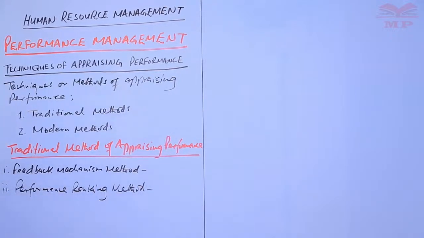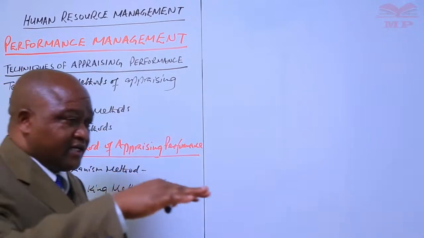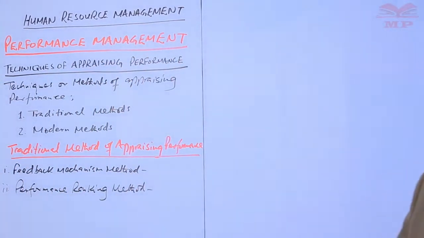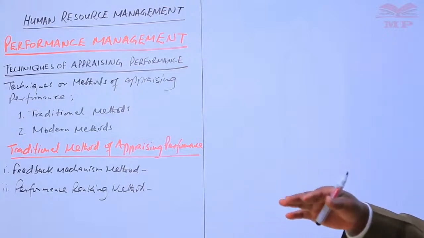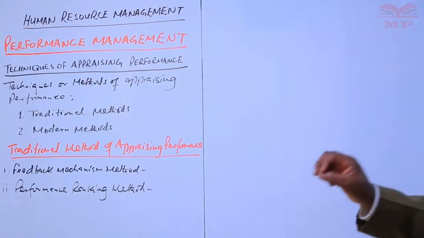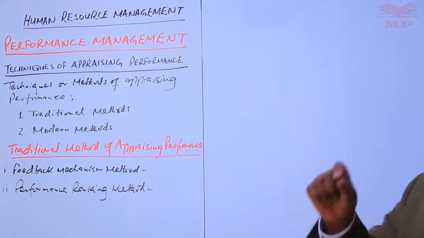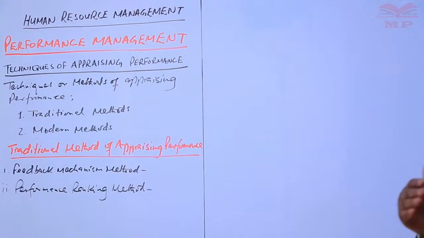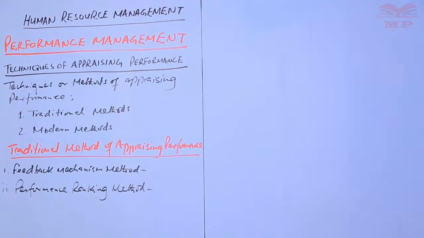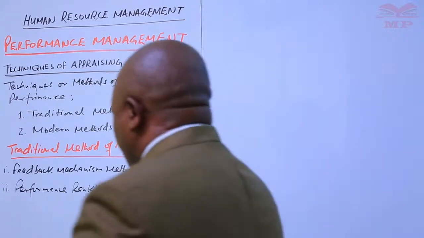In the performance ranking method, the way the word suggests, there will be a rank where the performance of a given employee is ranked, the performance of another employee is also ranked, and then based on the ranking scale that is used, a score is obtained, and that score is used in appraising the performance and informing decision making. Then there is what is referred to as the critical incident method.